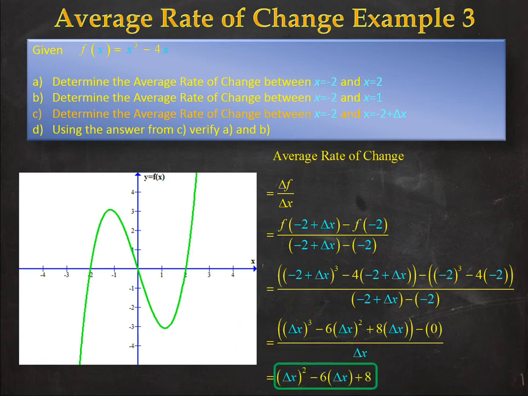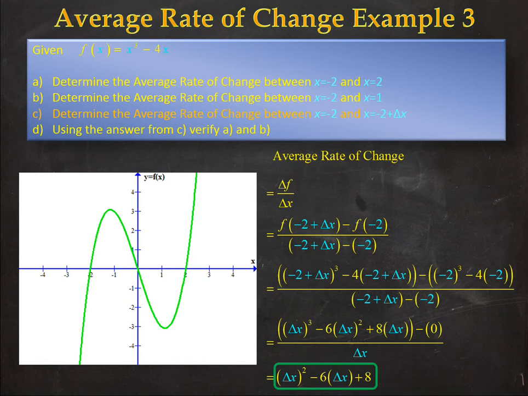So it says the way to determine the average rate of change between x equals minus 2 and x equals minus 2 plus delta x, well, this is an expression that will give us that answer.